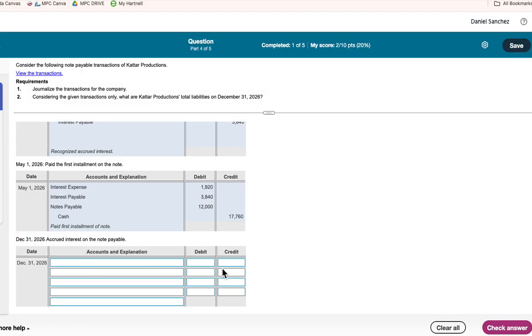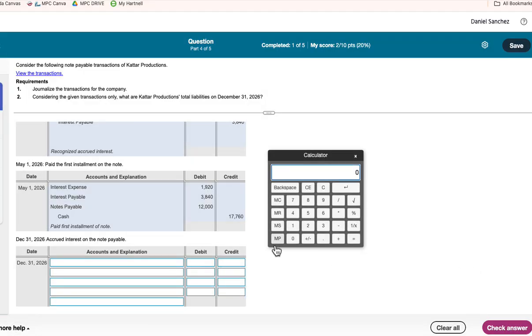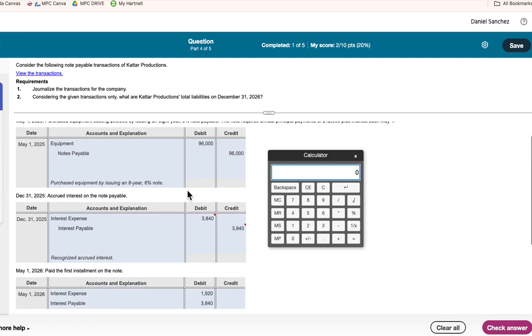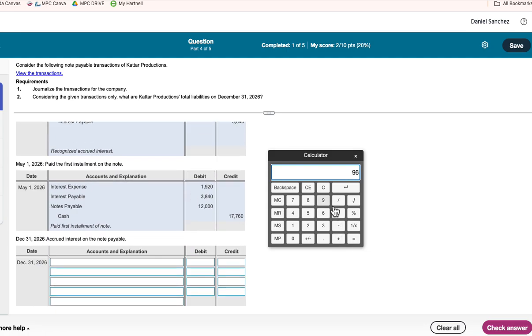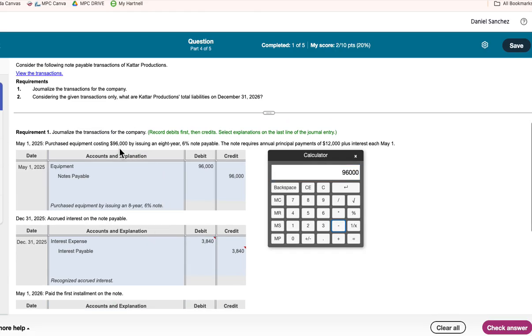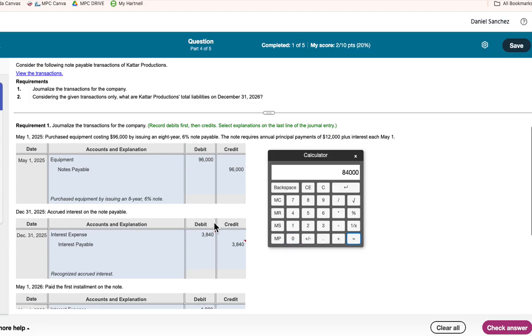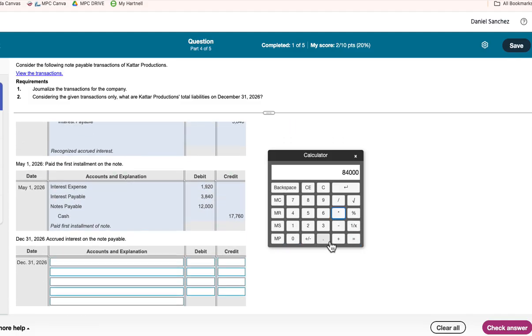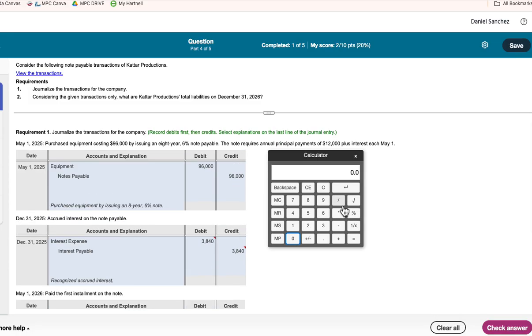Accrued interest on the note payable. All right, so how do we figure this out? Well, let's take our original note value of $96,000, and then we're going to subtract our annual payment of $12,000, and then I'm going to multiply this new number by my percentage rate, which is 0.06.